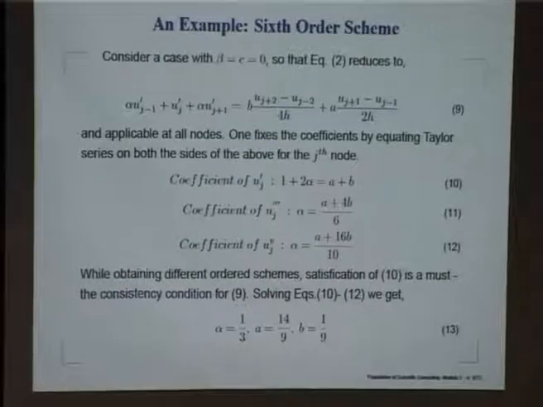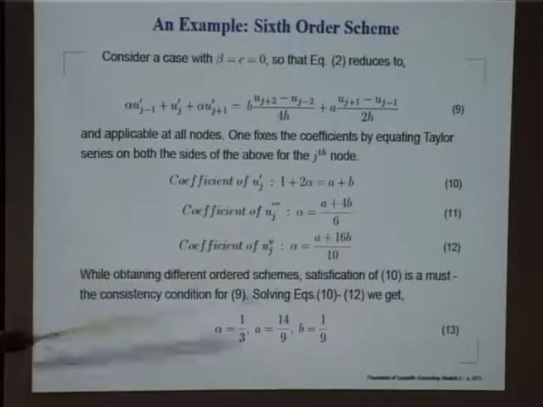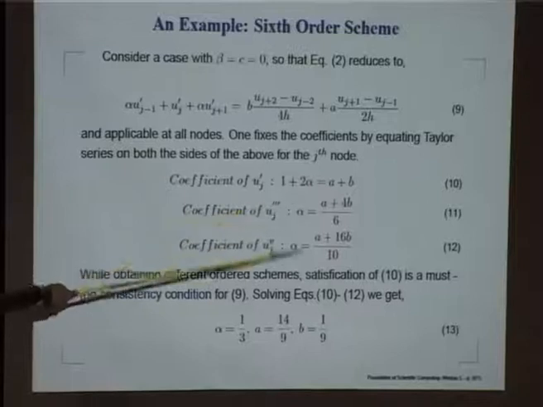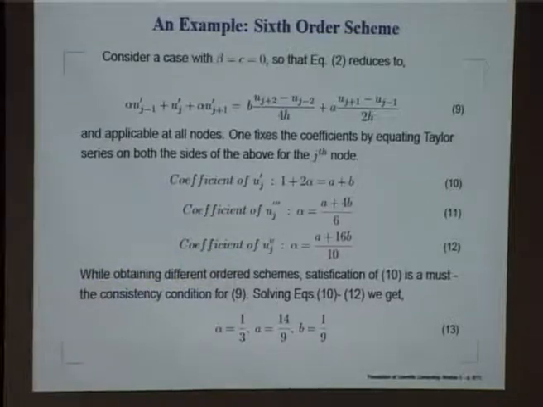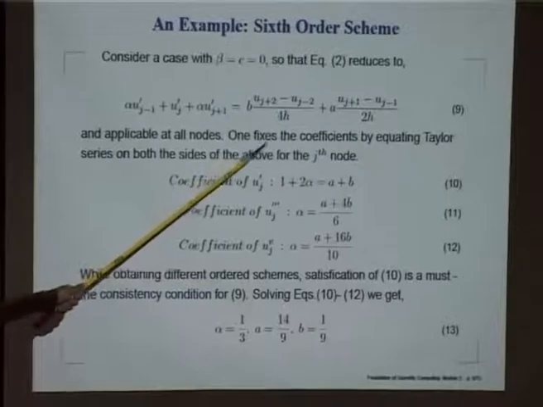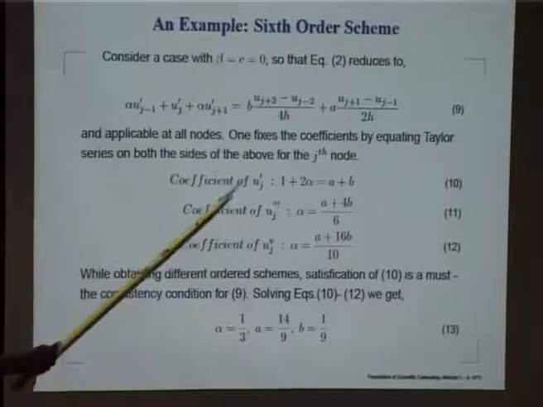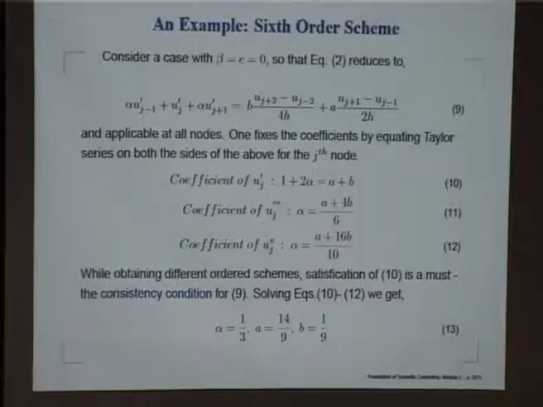And what you do is write down the Taylor series, equate the coefficients of u prime, u triple prime, and u fifth prime, and then you get these three equations for these three unknowns. Okay, to solve it, you get this unique value. So this is a unique description of the problem. However, you realize that this scheme we can only use from j equal to 3 to n minus 2. For 1 and 2, this equation will not work. So is for n and n minus 1.